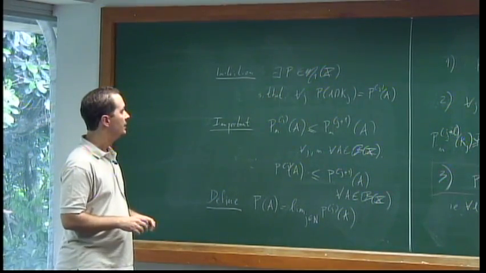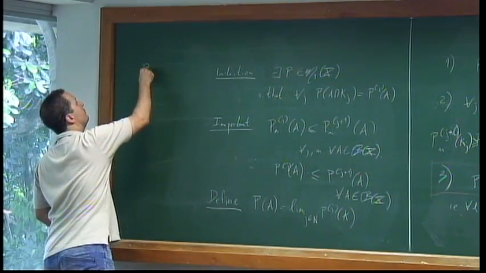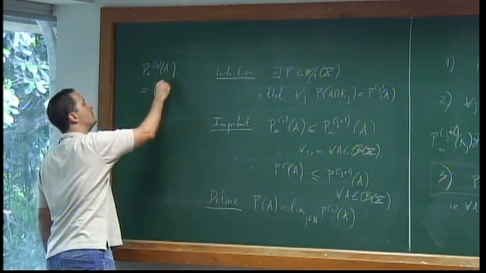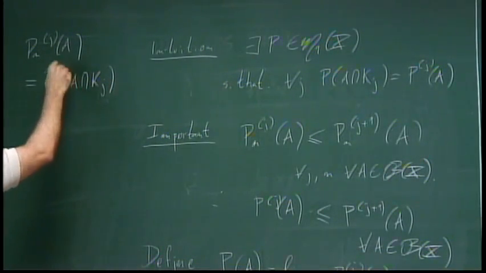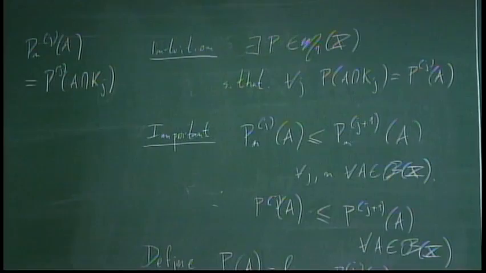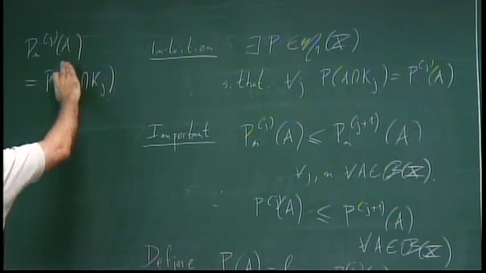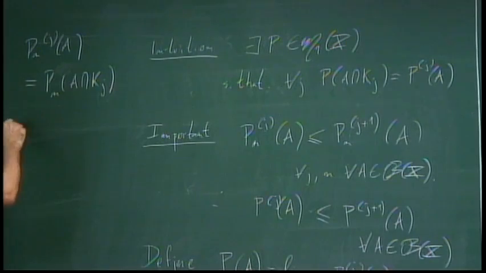So what's the main thing? We define P_{n,j} of A to be equal to P_n of A intersection K_j.